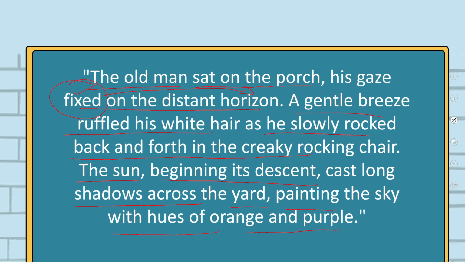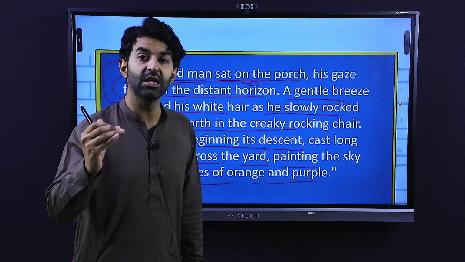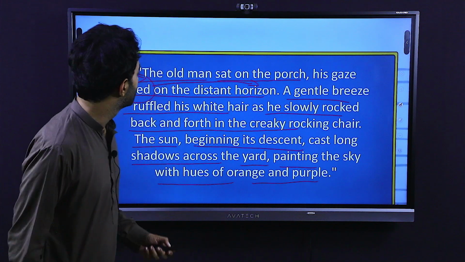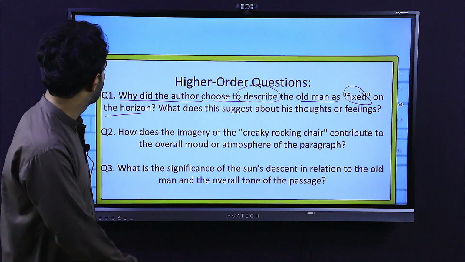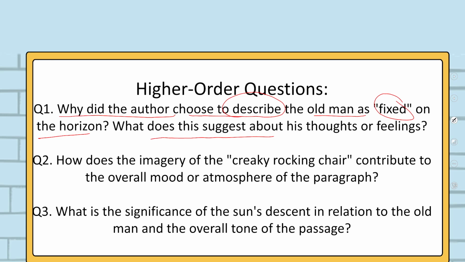This is a very subjective kind of question. Your answers would be different from one another, but that doesn't make them incorrect because you have your own interpretation and opinion. Now, fixed over here means that he was in very deep thought. This answers the question, what does this suggest about his thoughts or feelings? Maybe he's lost in his thoughts.